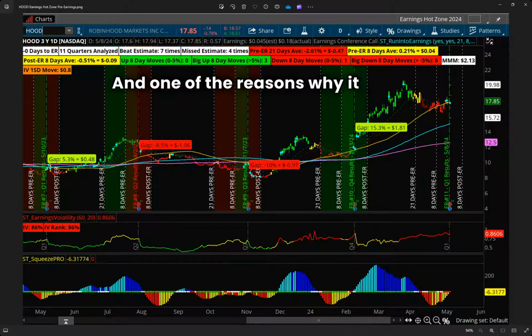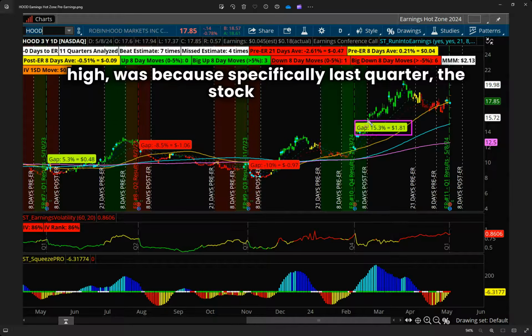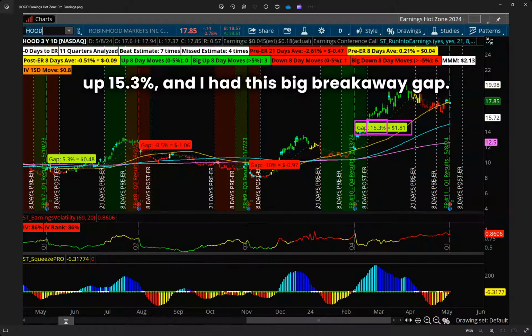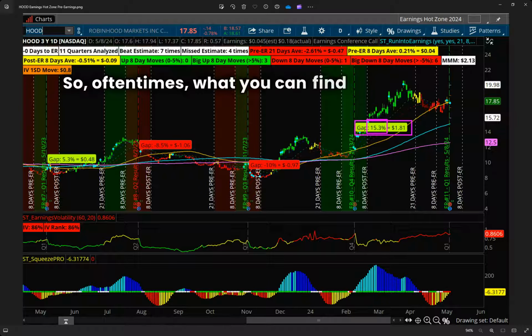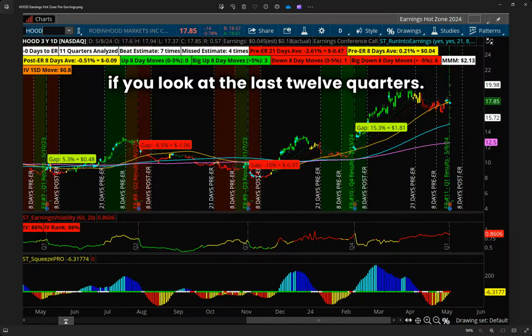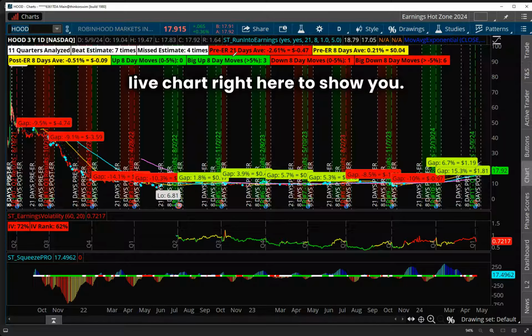And one of the reasons why it was so high was because specifically last quarter, the stock gapped up 15.3%. I had this big breakaway gap. So oftentimes you can find a stock that, for the most part, if you look at the last 12 quarters, and here I can bring you my live chart to show you.